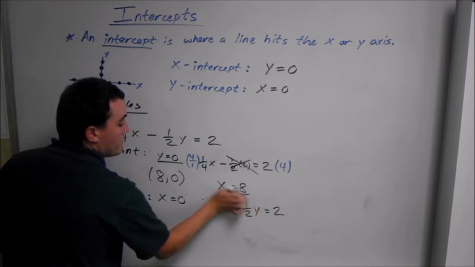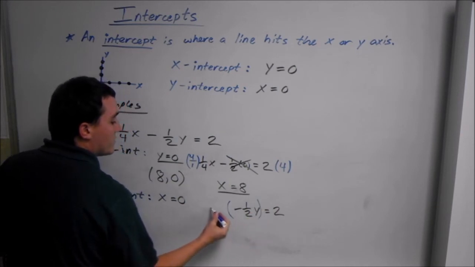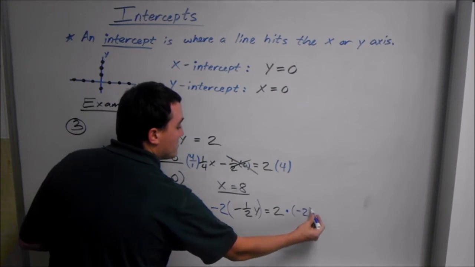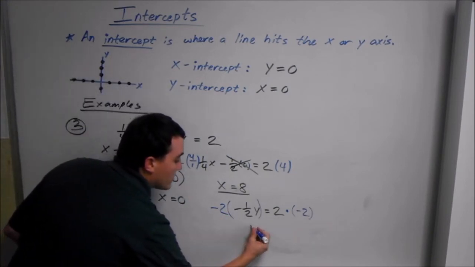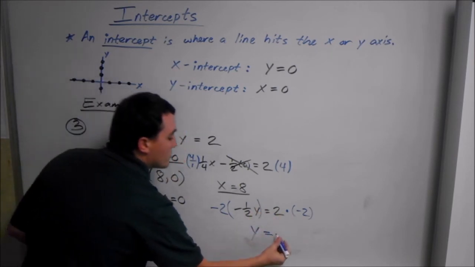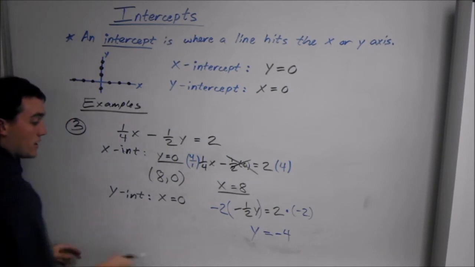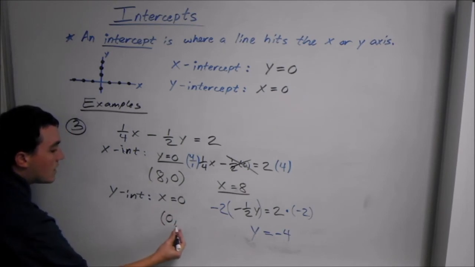So we multiply this times negative 2, and we multiply this times negative 2. Negative 2 times negative 1/2 is 1, so those cancel, and we just get y equals negative 2 times 2 is negative 4. So our y-intercept is x, y, 0, negative 4.